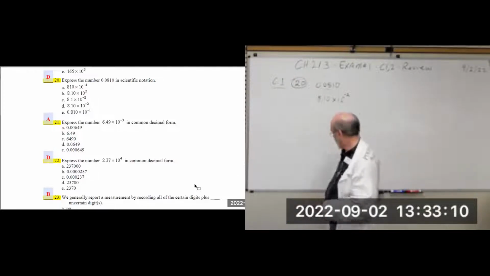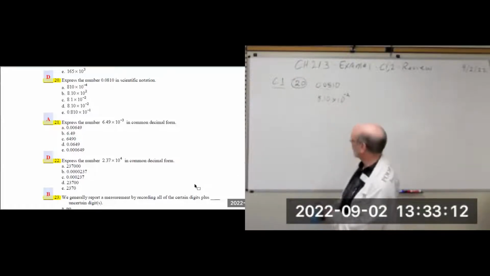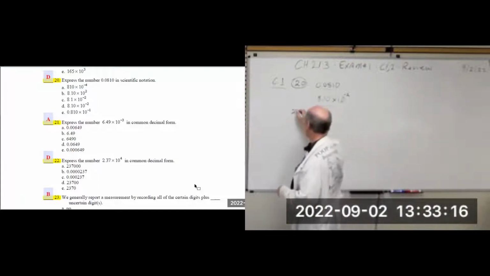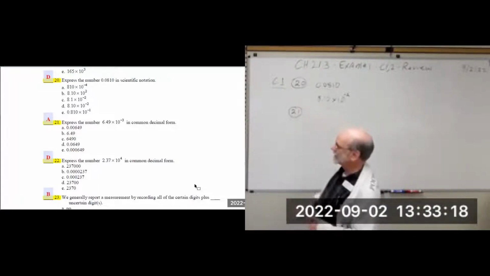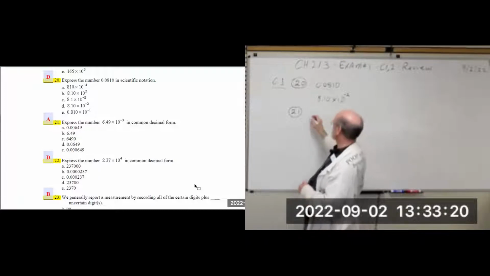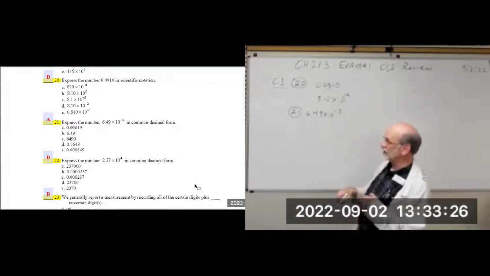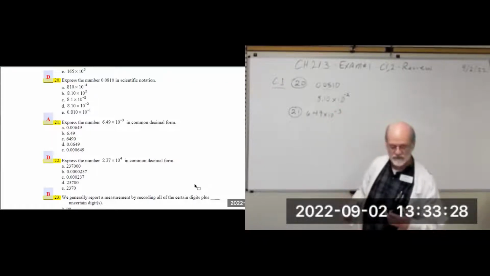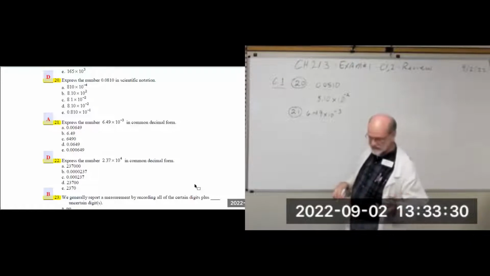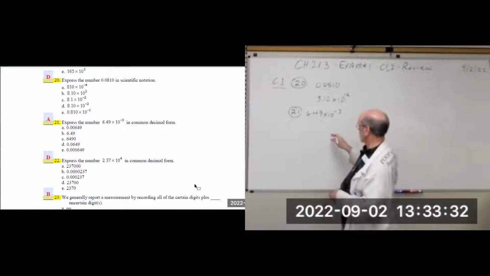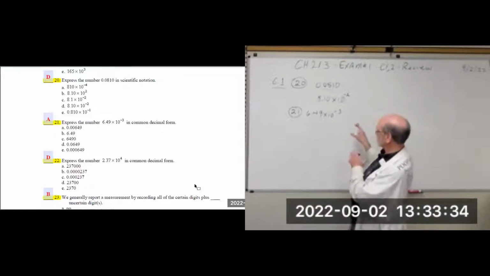We're going to go back the other direction for 21. Let's just put it up here. 21. All right. This number, 6.49 times 10 to the minus 3, and we want to express that in decimal form or standard notation. So which way does the decimal move here?